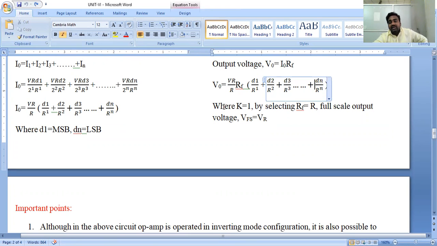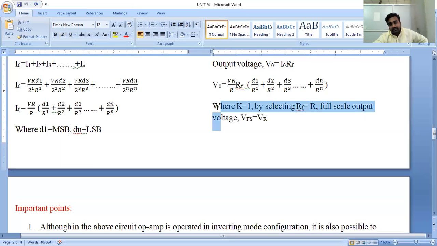If the scaling factor is 1, and the resistance of the entire circuit is equal to the feedback resistance, then a full scale output is observed when the resistance of the total circuit is equal to the resistance of the feedback circuit. That means VFS is equal to VR. This is how we analyze the weighted resistance type circuit.